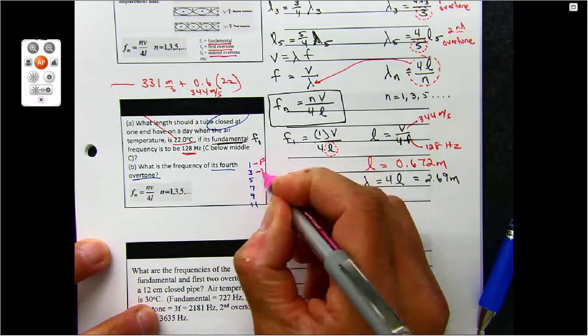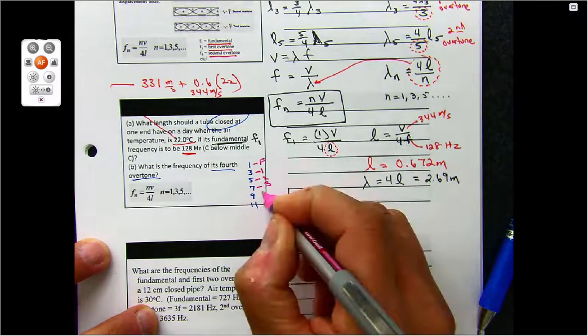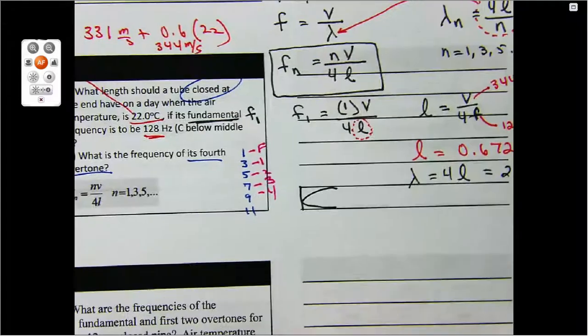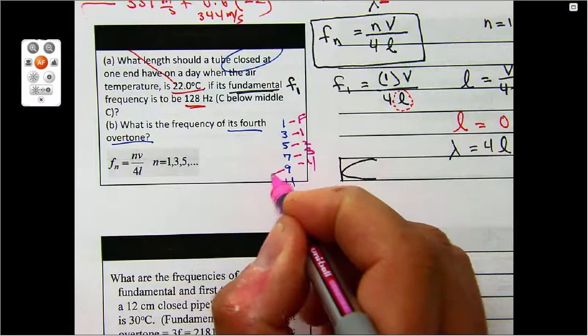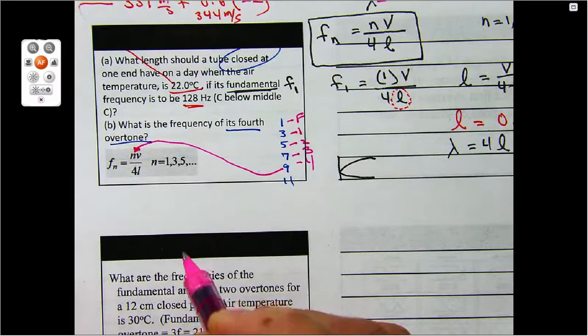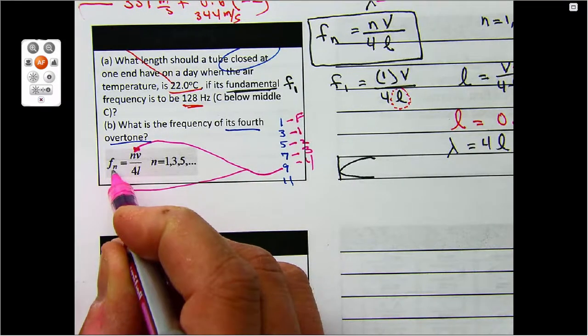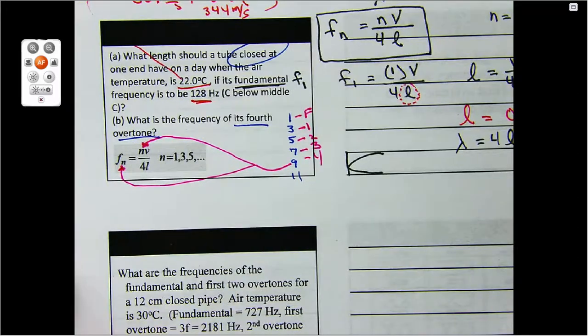This is the first overtone, second overtone, third overtone, fourth overtone. So we're going to use 9 in here. And you can put a little 9 down here to represent the fourth overtone.